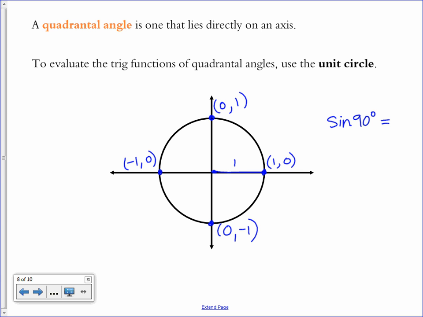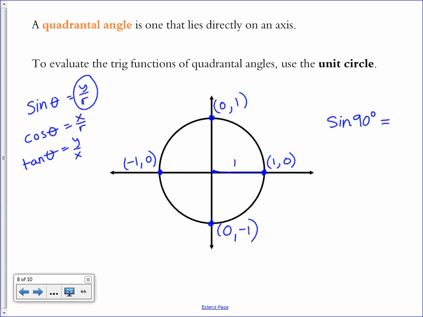When you have to do the sine of 90 degrees, it's going to be really helpful to use these definitions that we wrote down: y divided by the radius, x divided by the radius, y divided by x, using the unit circle that's drawn up here. So if you think about sine of 90, your definition of sine says to do y at that point divided by the radius at that point.